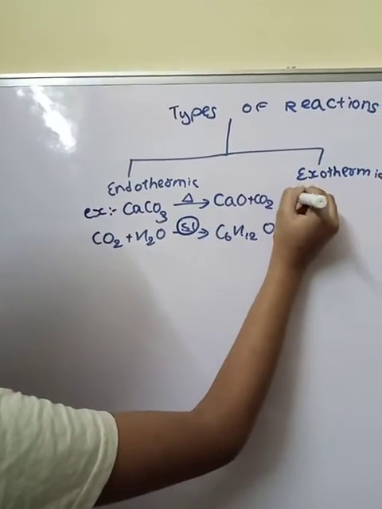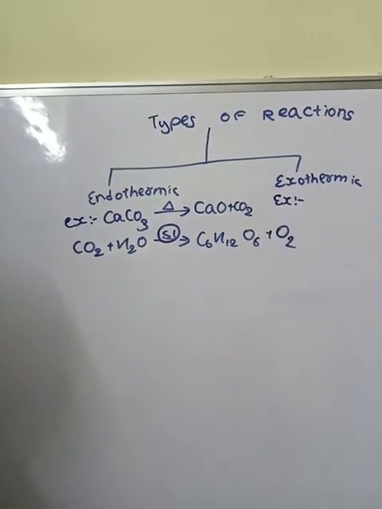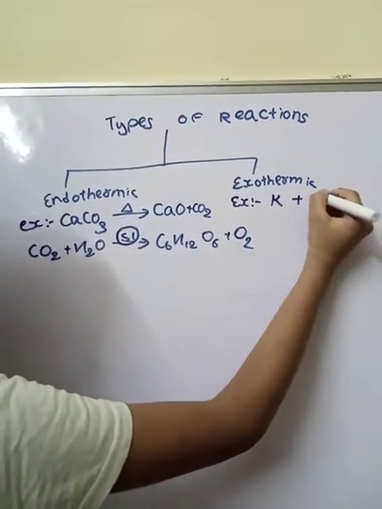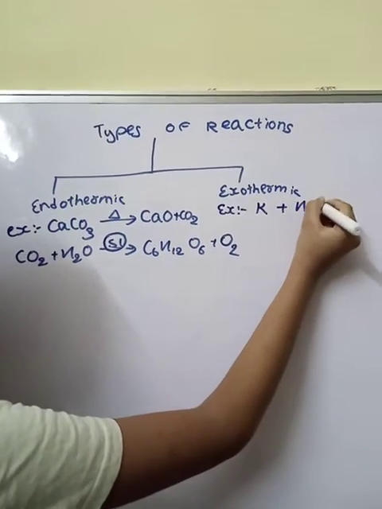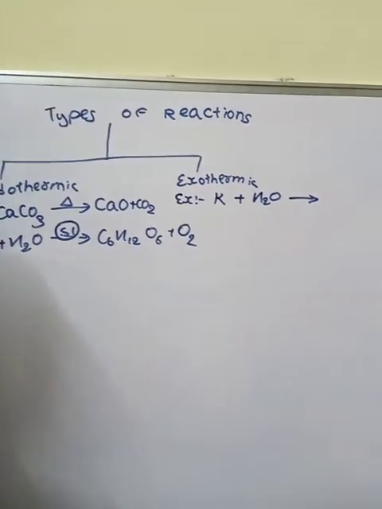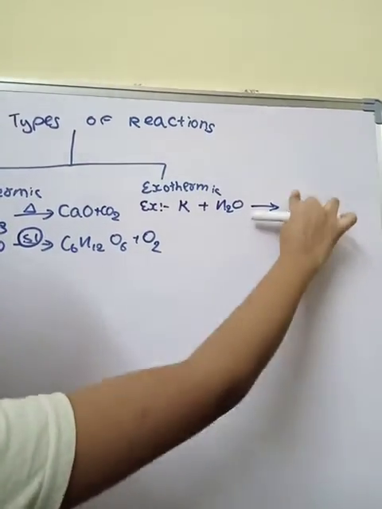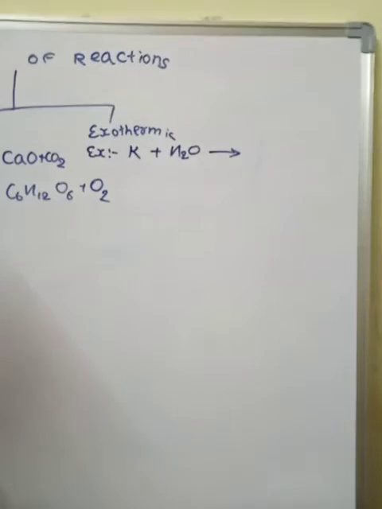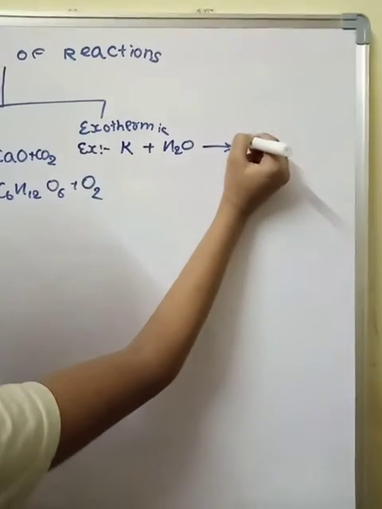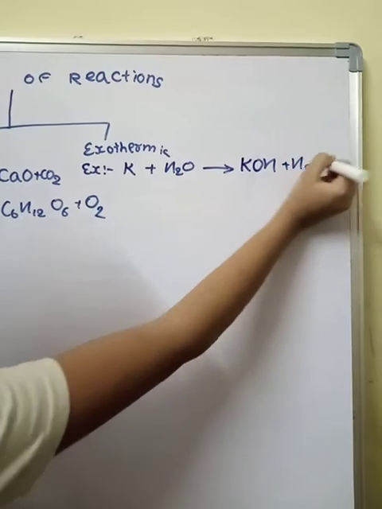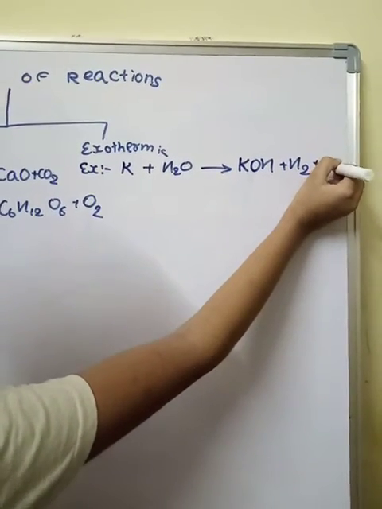In exothermic reactions, an example is, suppose I am taking potassium, which is K, and I am reacting it with H2O. This is a very dangerous reaction. In this reaction KOH will form, H2 gas is also formed, and energy is also released.